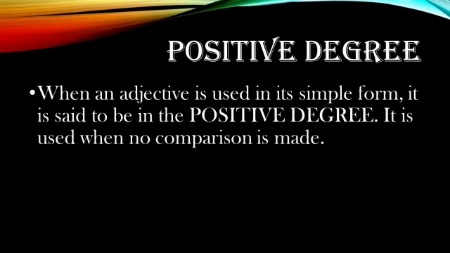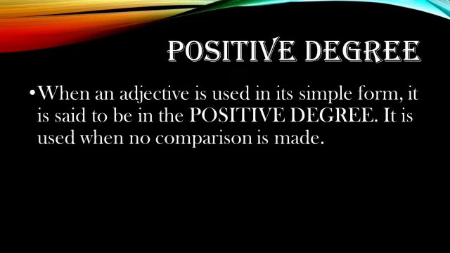Here if I ask you to find out where is the adjective used and which word indicates that is your adjective, definitely I feel you are able to find out. And the word is strong. And the word strong shows that is a simple form without any comparison.